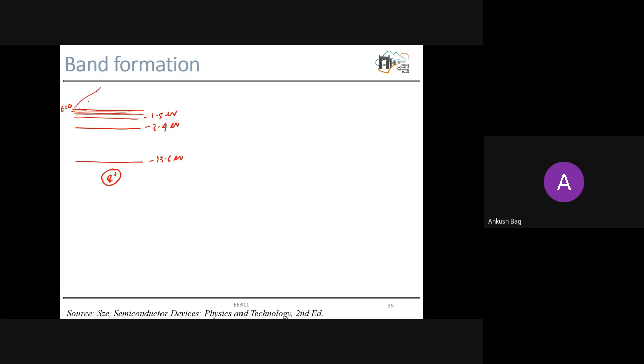That means you have a continuous energy level above 0. There is no quantization or discretization above 0. They are free electrons, not at all bounded to the nucleus.